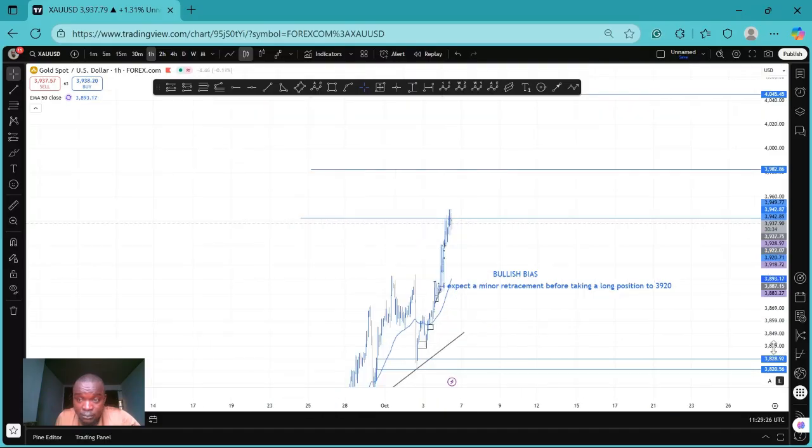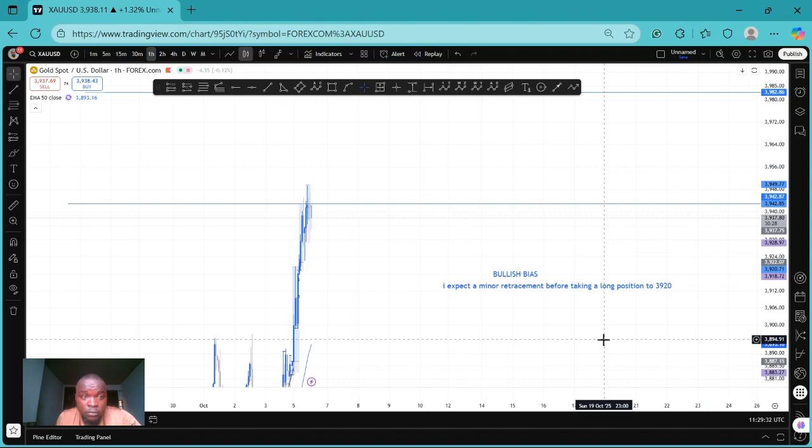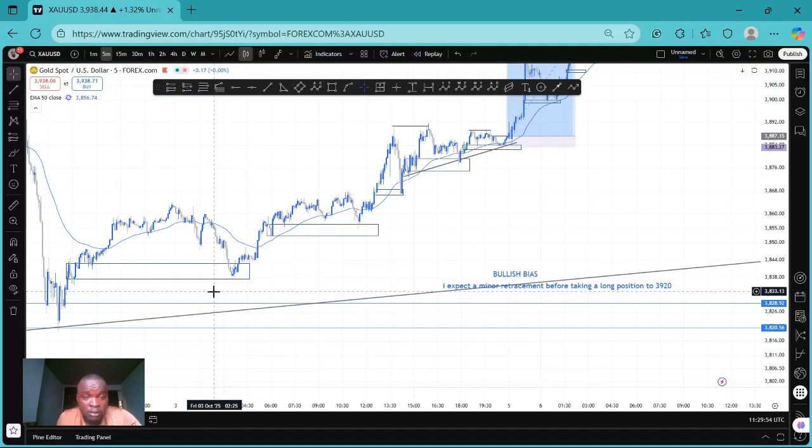After marking the levels I know price is going to touch, I came to 15 minutes. Actually, I use 15 minutes, 5 minutes, and 1 minute. On the 5 minutes, after price moved up, it created an order block within the zone, then came back to the zone, touched it and moved upward again.